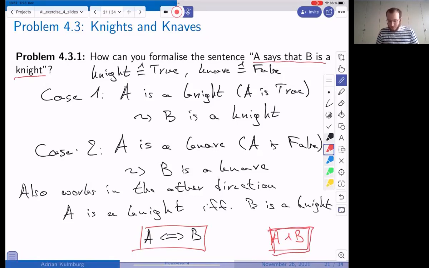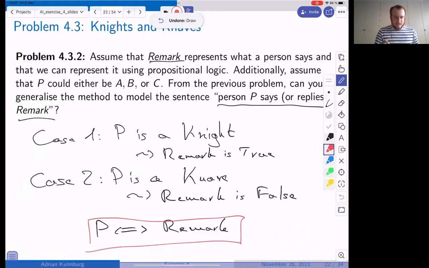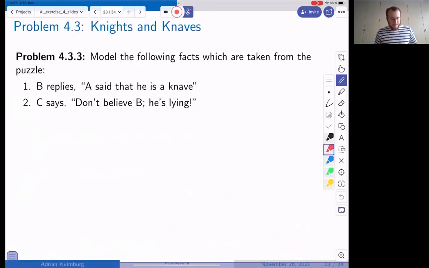But if you put A is a knave, which may happen, then this thing would be false. So therefore, this thing cannot be a good representation of the sentence above. Oops. So, okay. Then let's continue.